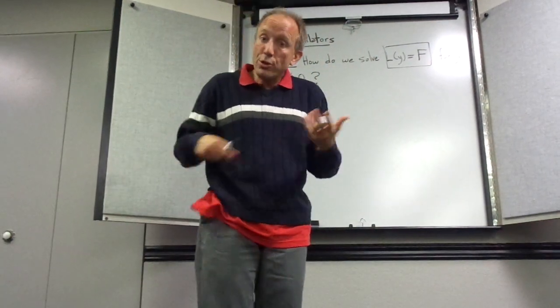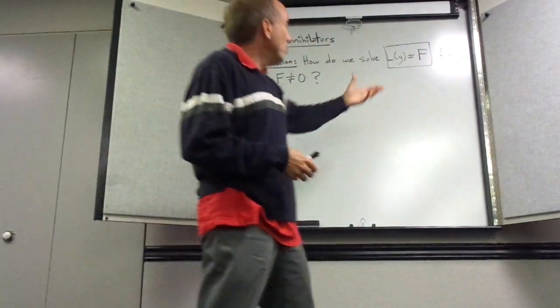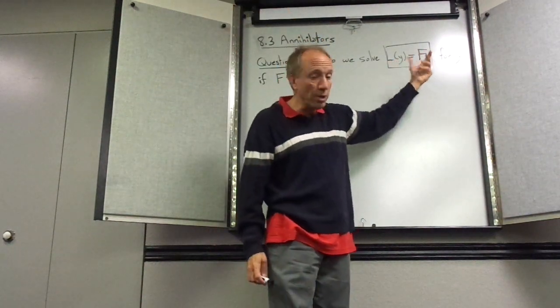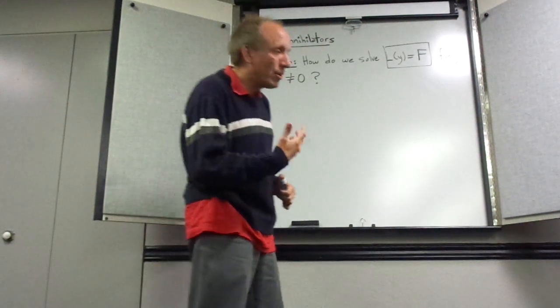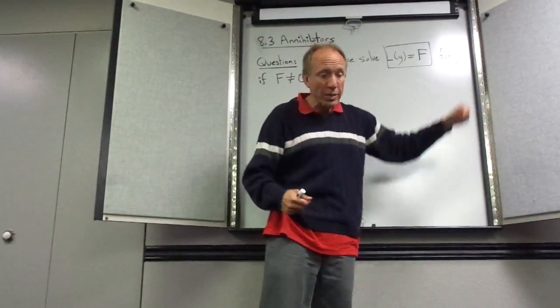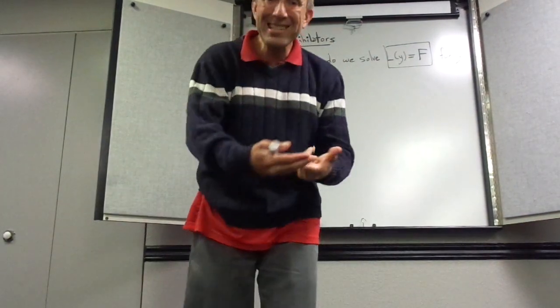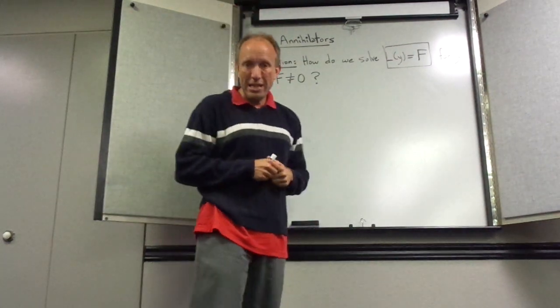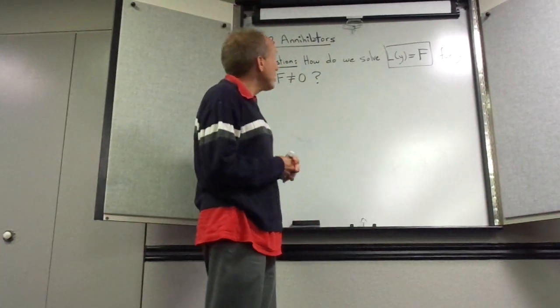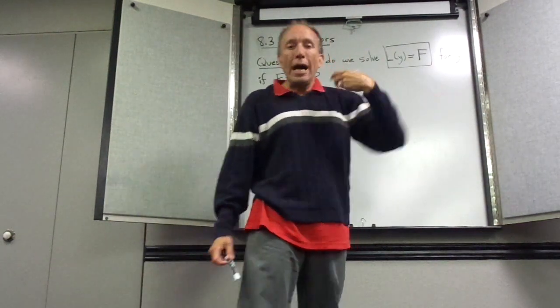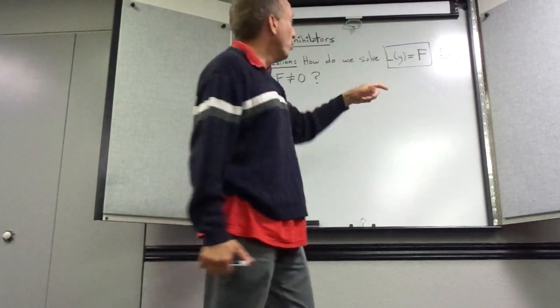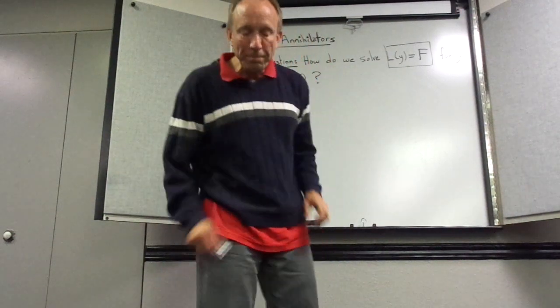This means, of course, that the solutions to this differential equation will not form a subspace at this point. It's not going to have the 0 function in it. It's not going to be closed under addition or scalar multiplication either. So, this is the question. If capital F is not 0, how are we going to solve for the unknown function y?